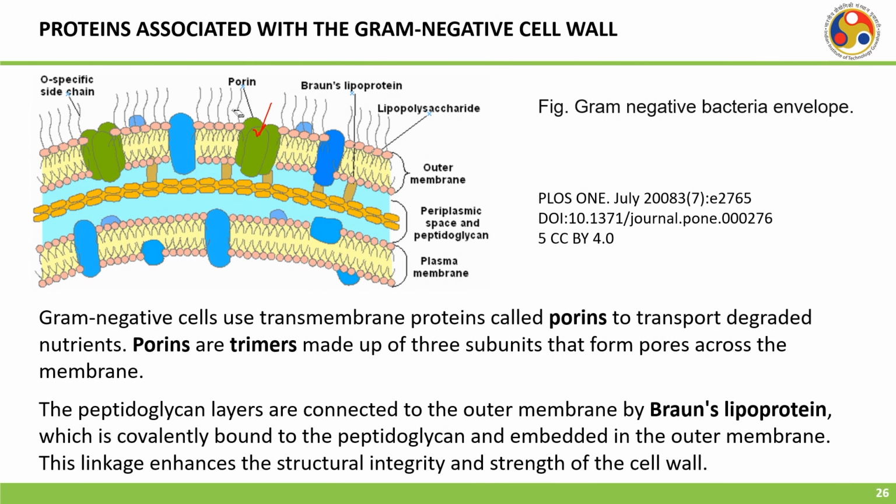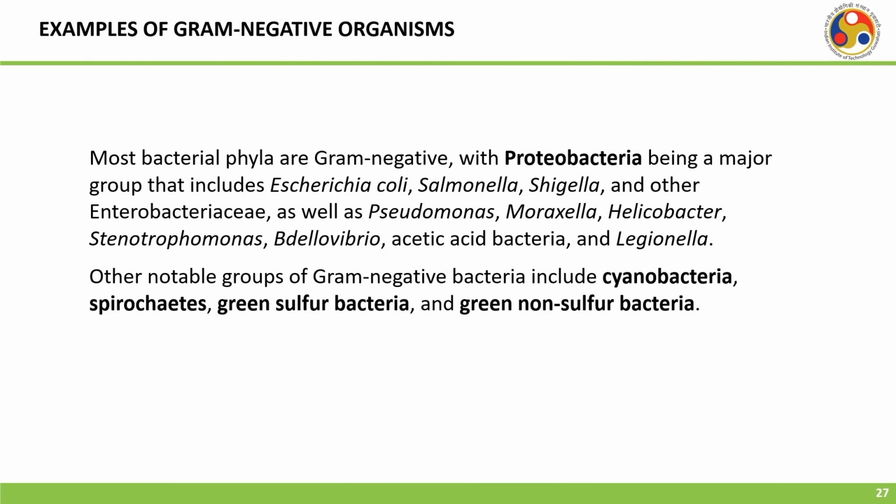The peptidoglycan layers are connected to the outer membrane by Braun's lipoprotein, which is covalently bound to the peptidoglycan and embedded in the outer membrane. This linkage enhances the structural integrity and strength of the cell wall.